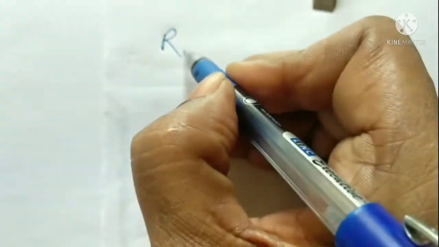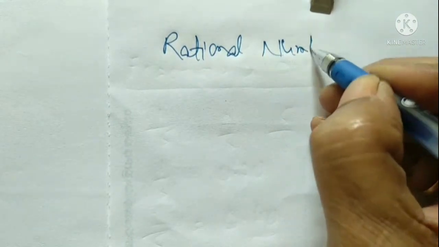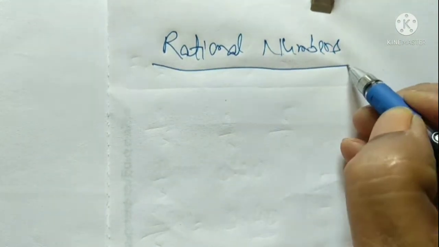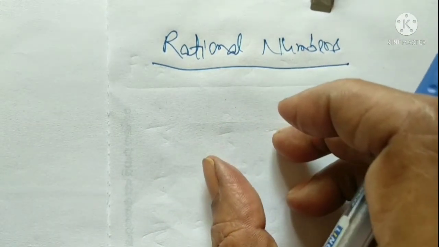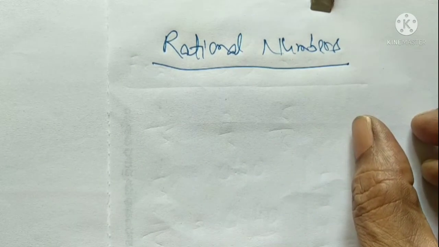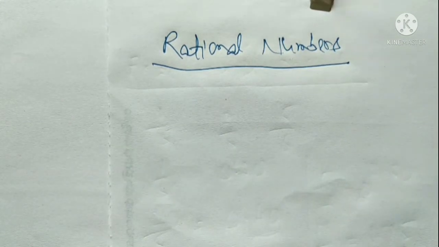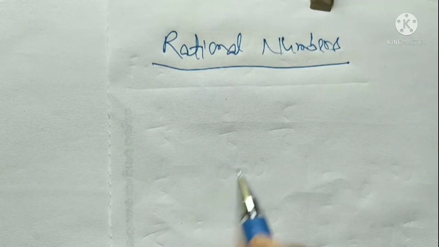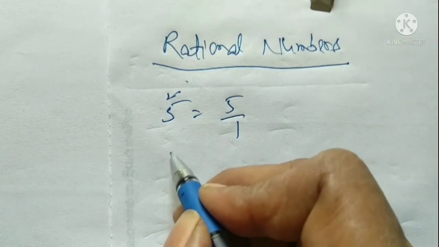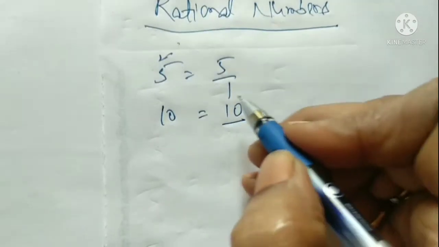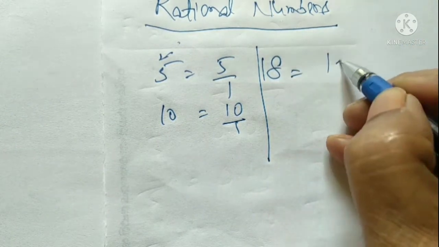Rational numbers. Let us come to this point. We have seen all integers, whether positive integers or negative integers. All these integers can be written in the form of a fraction. Like say 5 is equal to 5 by 1, then 10 is equal to 10 by 1, or 18 is equal to 18 by 1.